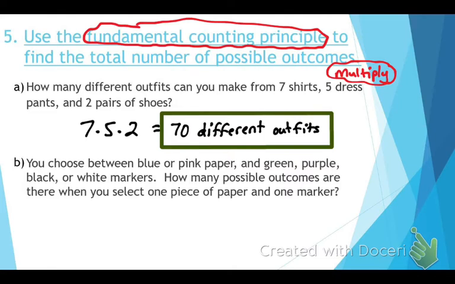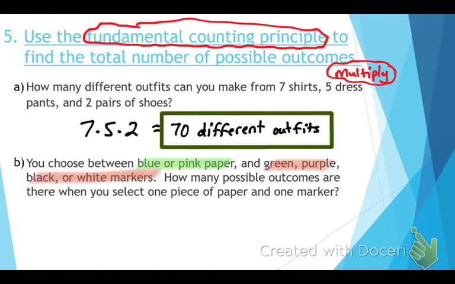What are some answers that you guys got for problem B? What'd you ladies get? 12.5. Who got something else? 8. Who got something different? 21? All right, let's look at problem B. You choose between blue or pink paper and green, purple, black, or white markers.